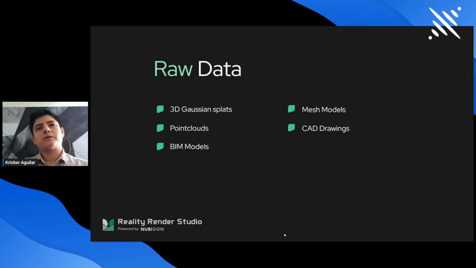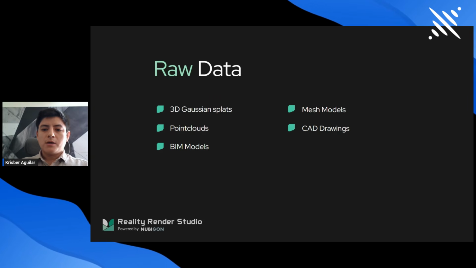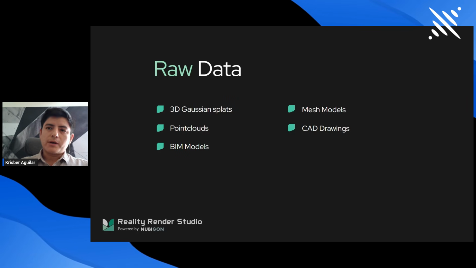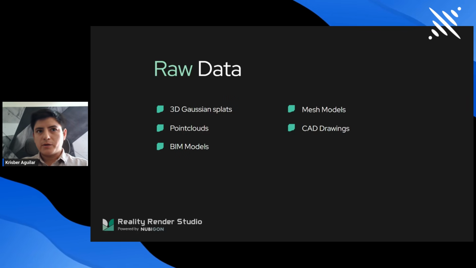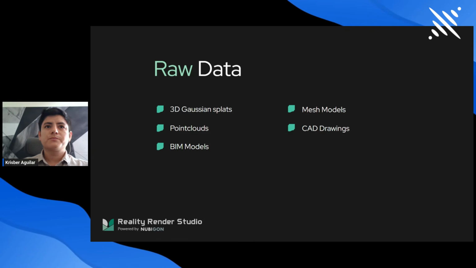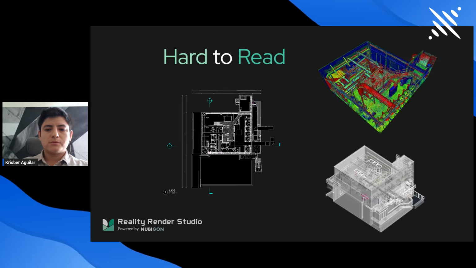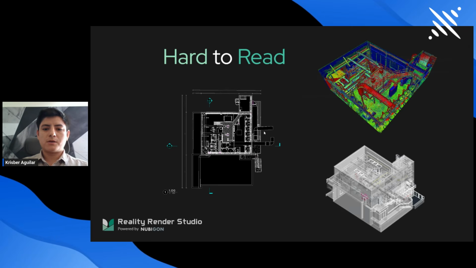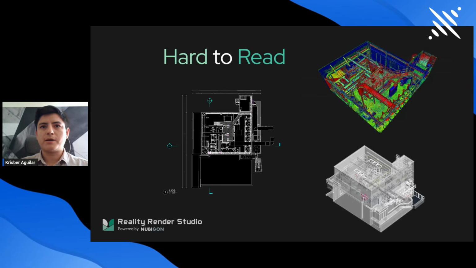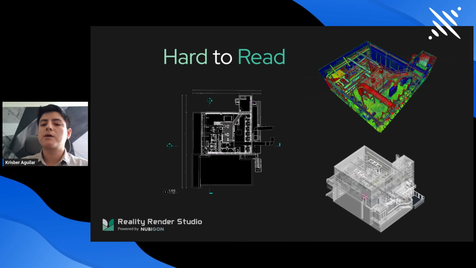So everything starts with raw data. And we usually receive formats like mesh models, point clouds, CAD drawings, BIM models, and in this particular case, 3D Gaussian splat. At this stage, what we are looking at is a typical final deliverable, and the data can be solid, but it's hard to read.